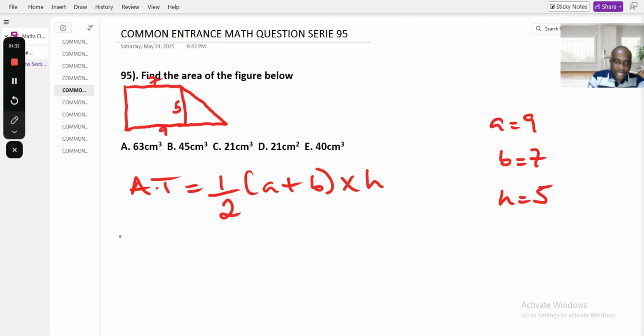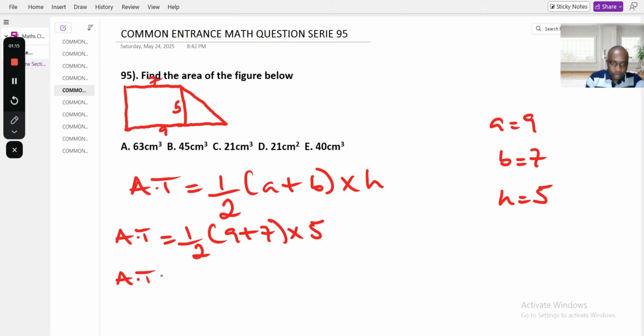Now let's calculate the area of that trapezium. What is our A? 9 plus, what is our B? 7. What is our H? 5. 9 plus 7 is going to give us 16 multiplied by 5. Now we can use 16. 2 can divide 16 and 2 can divide there. 2 here 1.